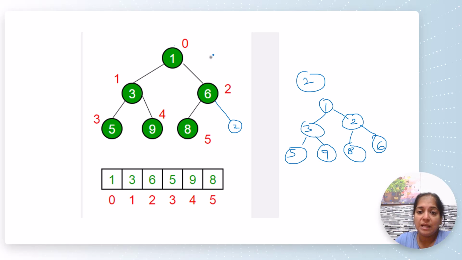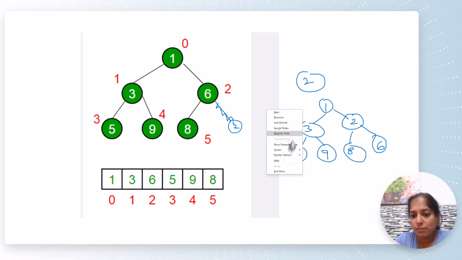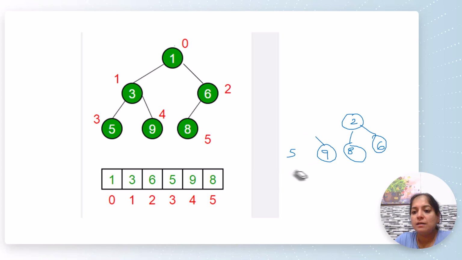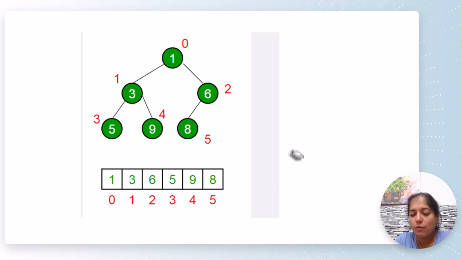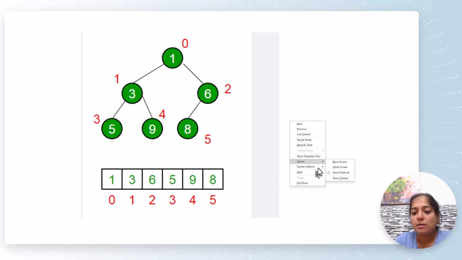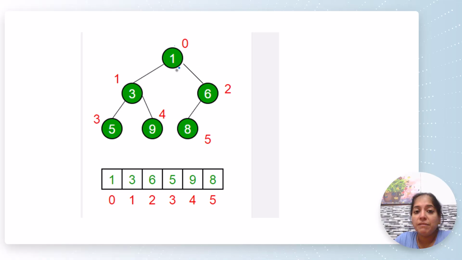Always the root element is removed from the heap. So let's say we need to remove an element. Always the root element is removed, so 1 is removed from this.